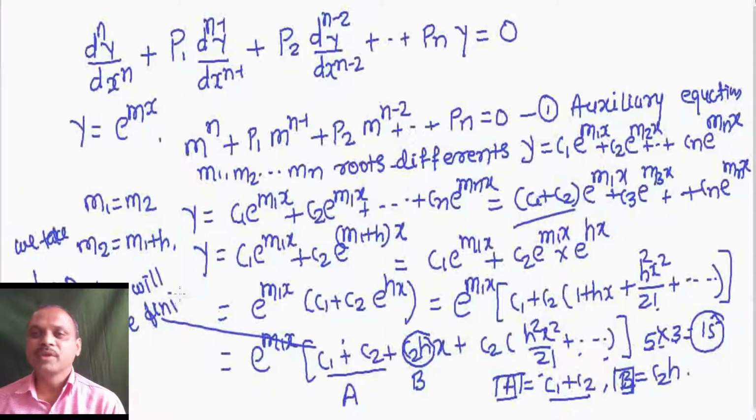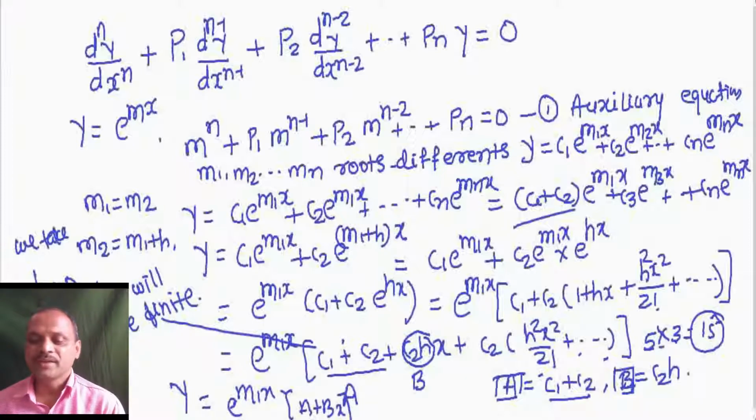So when A and B are finite, we can write this term as y = e^(m1x) (A + Bx). Look at this: when the roots are repeated, when two roots are equal, we have the term e^(m1x) (A + Bx).